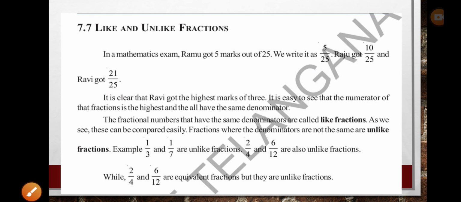Okay, next, 1/3 and 1/7 are unlike fractions. 2/4 and 6/12 are unlike fractions.